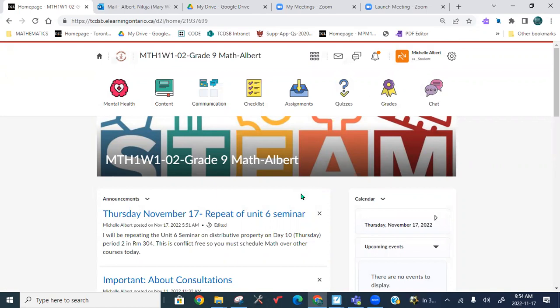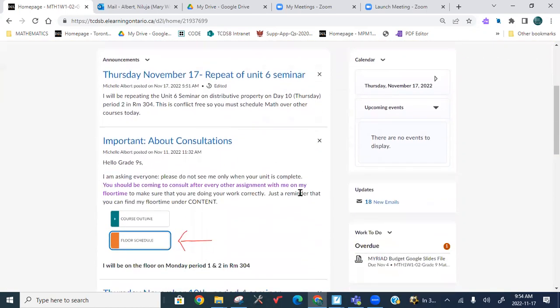I have written an important announcement about consultation, which says that for all grade 9s, you should not just consult for the first time at the end of your unit guide. You should be consulting after every assignment or after every 2 assignments.